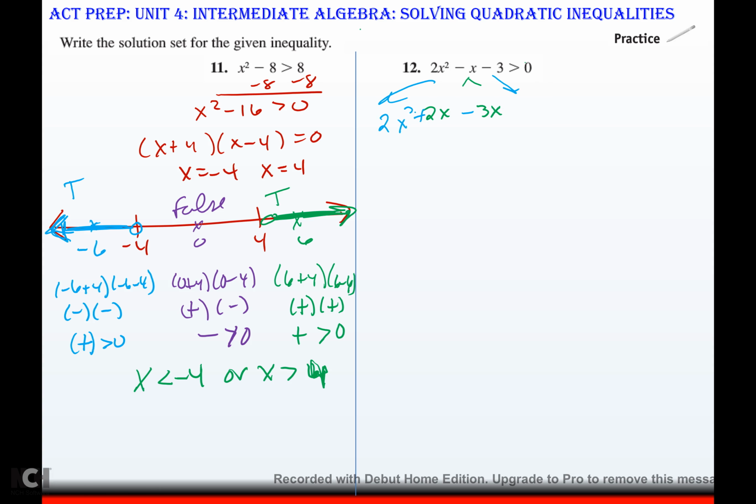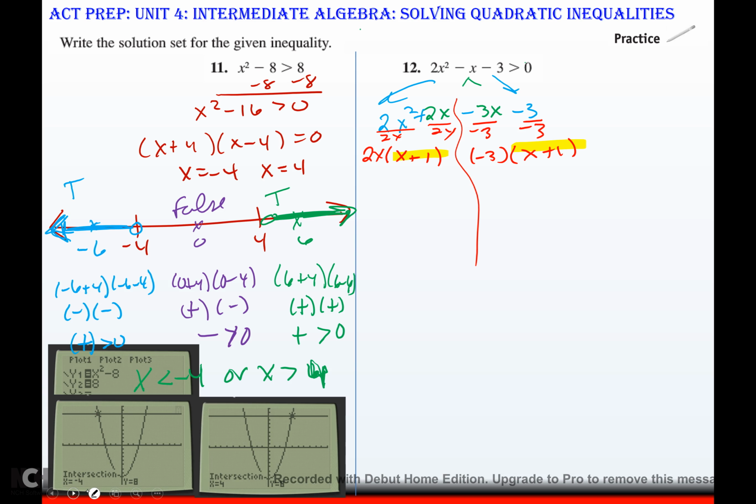So I got 2x squared here, minus 3 here. And we are now at 2 by 2. I can GCF a 2x, which would leave x plus 1. On the other side, I can GCF a negative 3, which gives me positive x, positive 1. And like I said, we better have a common binomial or we're in trouble, but we do.